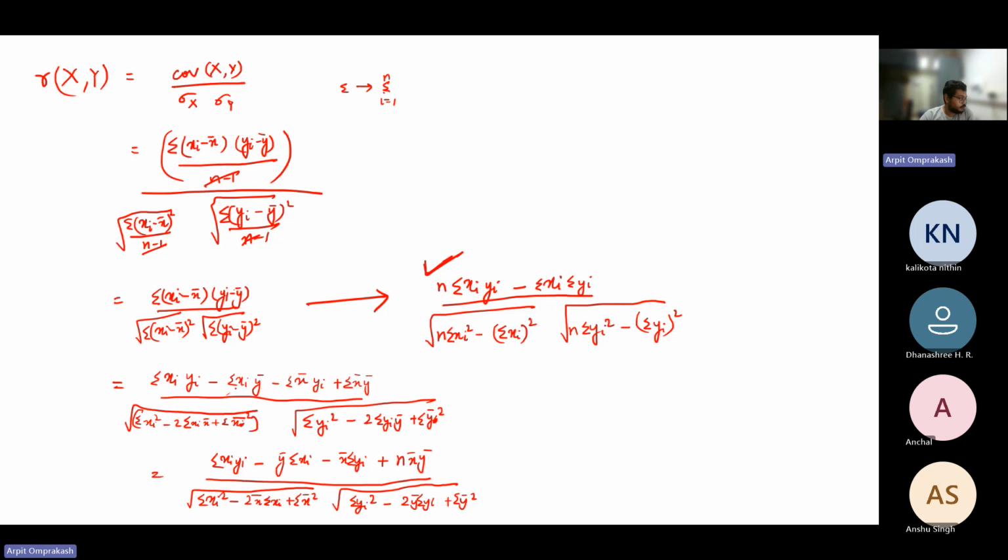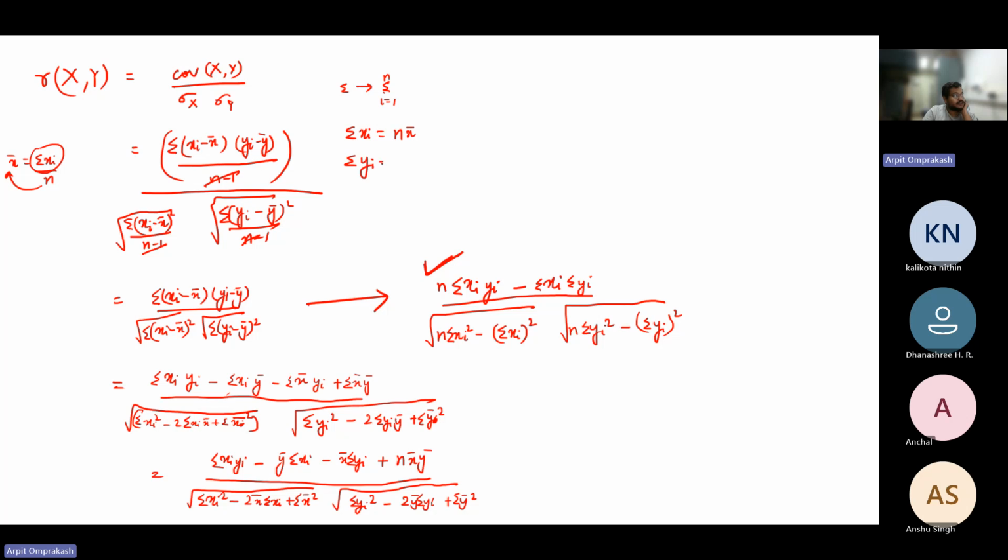So here if you see, basically summation xi will be equal to n into x bar, right? So x bar is basically the mean and x bar is given as summation xi by n, right? So to get summation of xi, we just need to multiply by n here. So summation xi is equal to n into x bar.